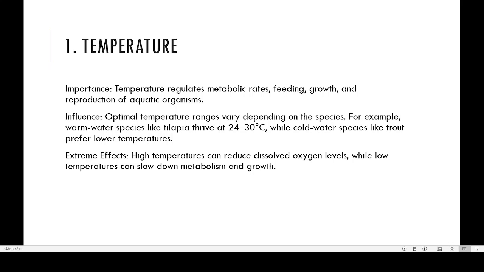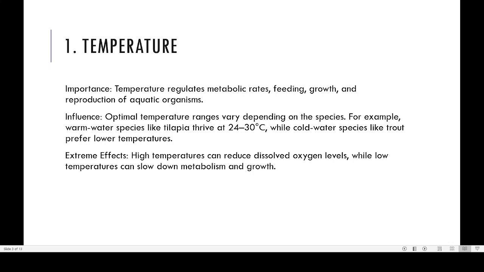So depending on the species, the ideal or optimal temperature can vary. For example, warm water fishes like tilapia can survive easily at a temperature of 24 to 30. That is why people are rearing tilapia here, because most of the time our temperature during a day will be between 24 and 30. So tilapia can sustain very well in such a temperature range.